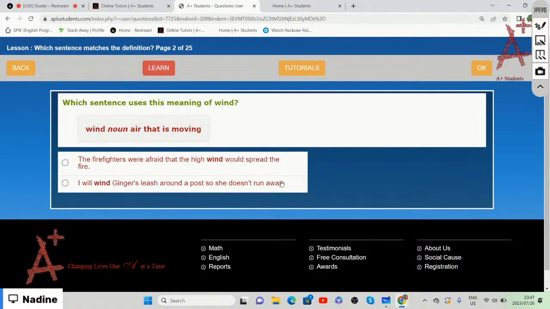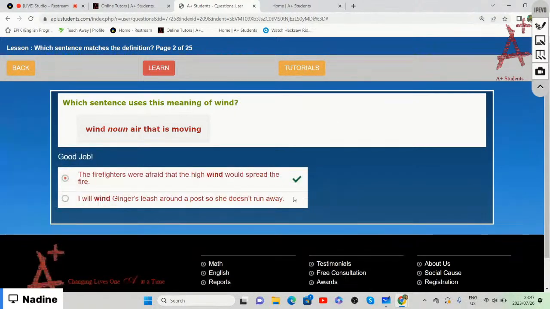The first option has to do with the weather. So the firefighters were afraid that the high wind would spread the fire. Wind is a noun that shows the air that is moving. All right, so we are going to choose the first option, which is correct.